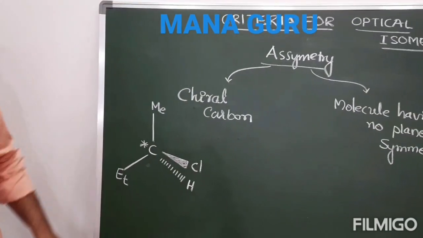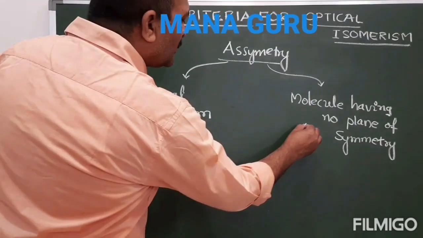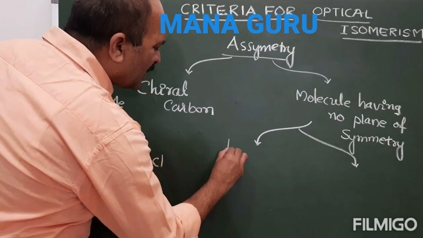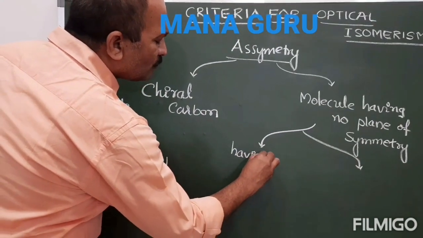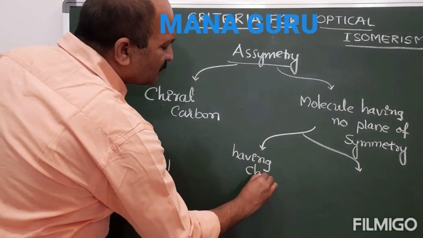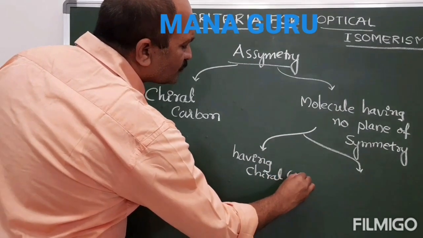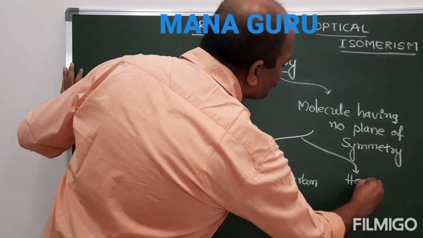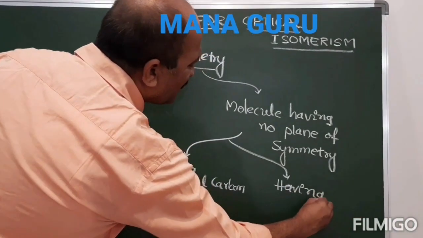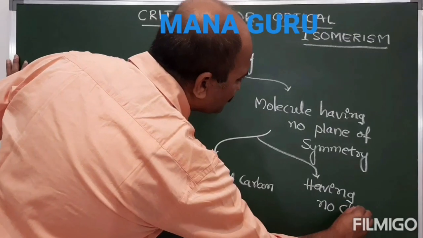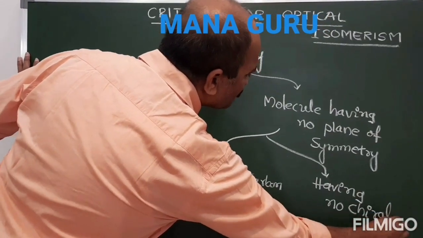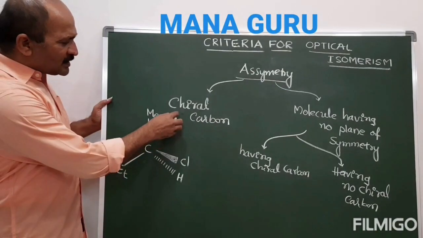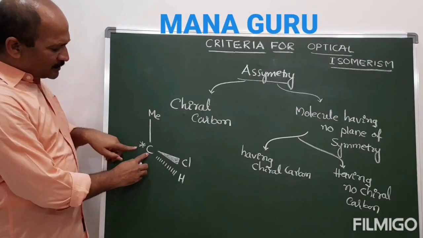Come to the molecules having no plane of symmetry. Here, having chiral carbon, having no chiral carbon. Students, this is the chiral carbon.